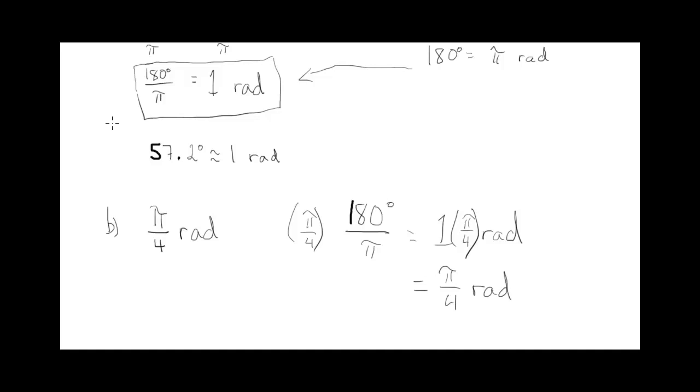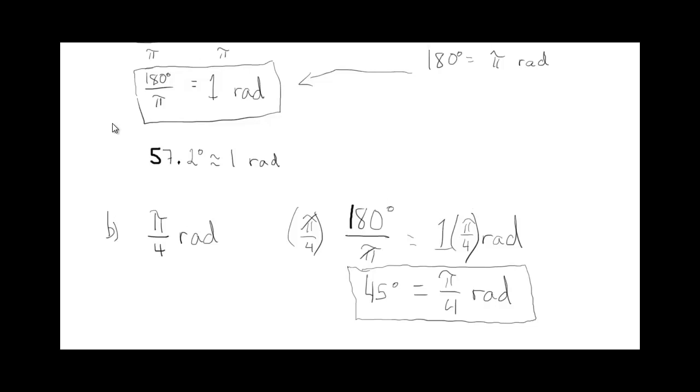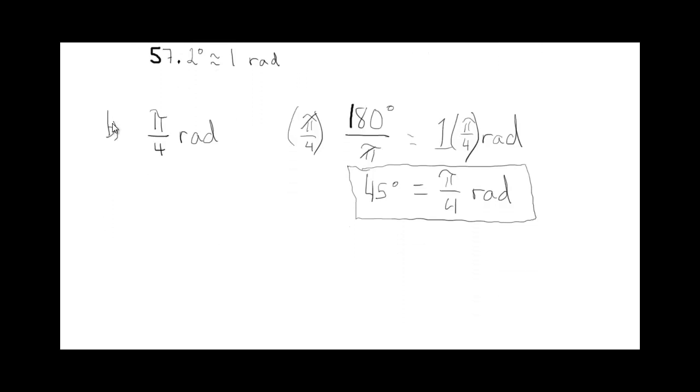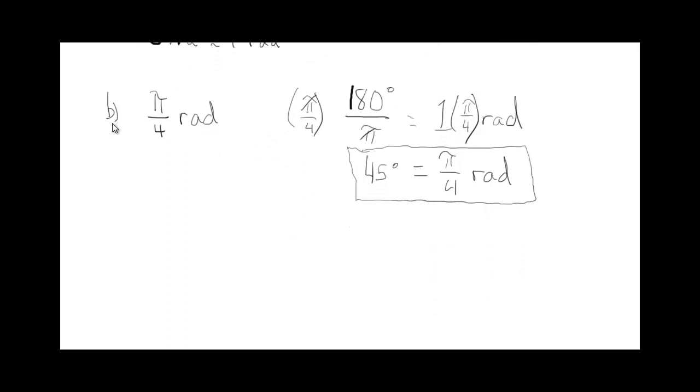So pi by 4 radians is equal to, and then I just need to simplify, so the pi's divide out, and I have 180 divided by 4, which is 45 degrees. So pi by 4 radians is equal to 45 degrees. You're going to see that's a useful radian value to remember. 45, half of a right angle, is going to be a common thing that we're going to be working with.